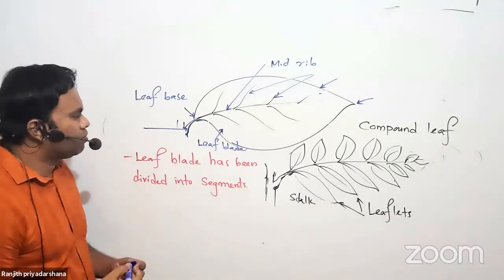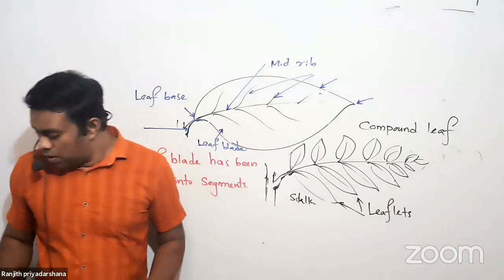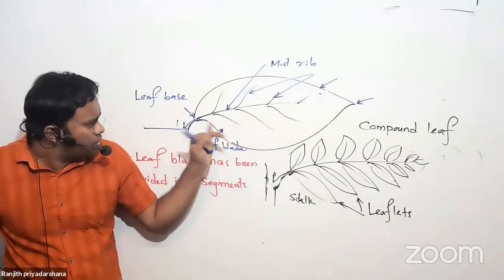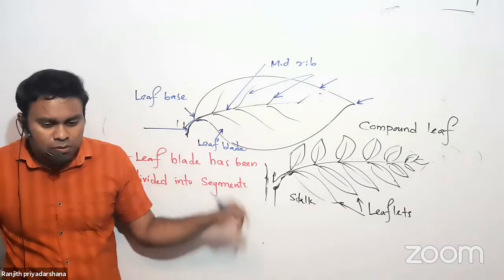You know the parts. Sometimes you have to name these. We named the leaf blade, didn't we? Good. You sometimes forget it.